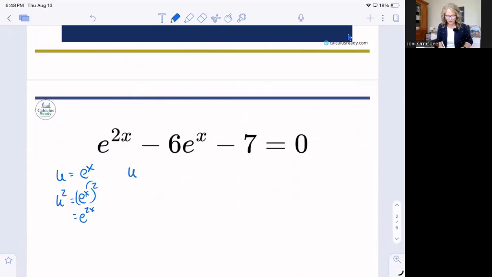And so this is actually u squared minus 6u minus 7 equals 0. Now we have a quadratic that we're going to factor. So it becomes u minus 7 times u plus 1 is equal to 0.